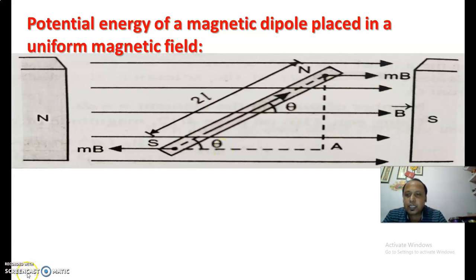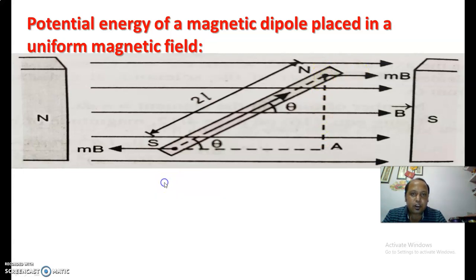Okay, so you need to understand what exactly the line of action means here. See, there is a particular perpendicular distance between the lines of action of the two forces mB and mB, which is NA.